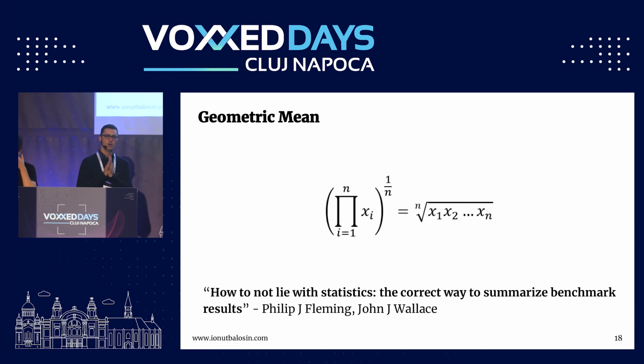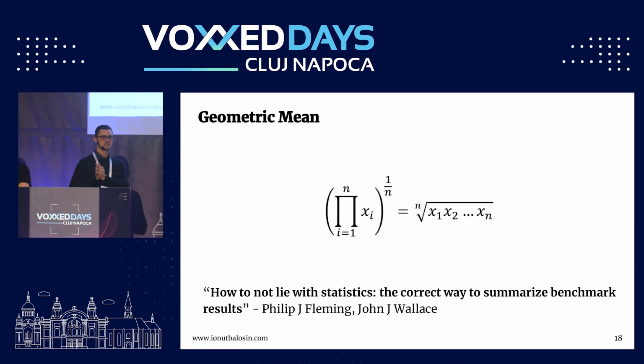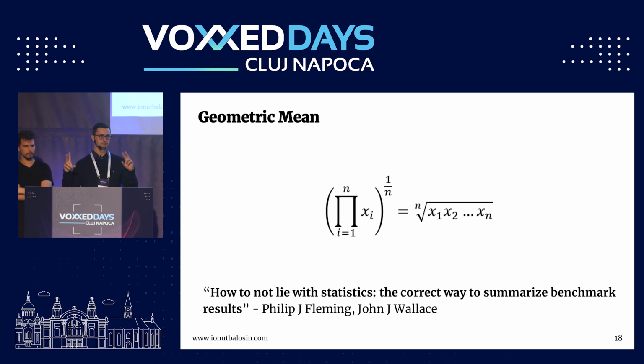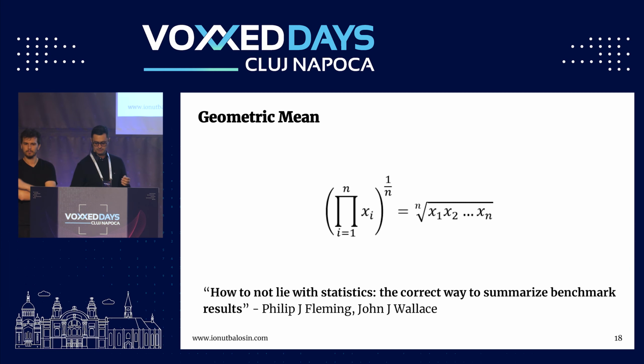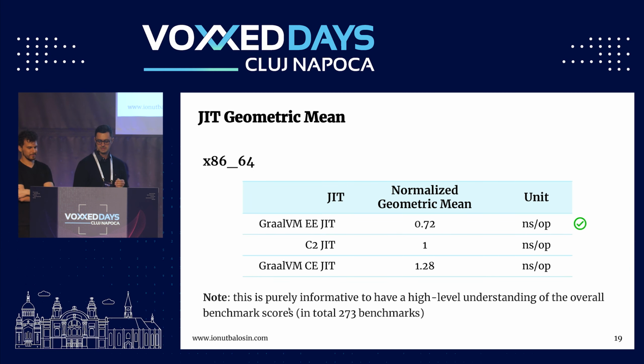Yeah, it shows you where the majority of the results are. So it's able to actually remove the outliers out of this result set. And this is the formula. We apply this formula across all of our benchmark results on each architecture on x86, and we were able to come up with some sort of classification, but take it with caution.